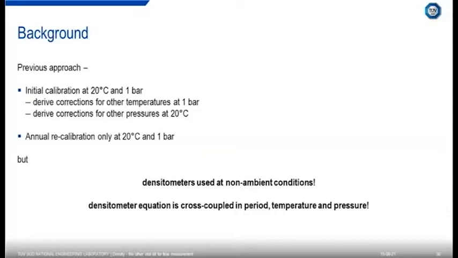But of course densitometers are used at non-ambient conditions, and furthermore the equations which convert the raw signal from a densitometer, the oscillatory period, to density are cross-coupled in that period, the temperature and pressure of the fluid and the densitometer. So recalibrating it at 20 Celsius and 1 bar probably isn't fit for purpose.